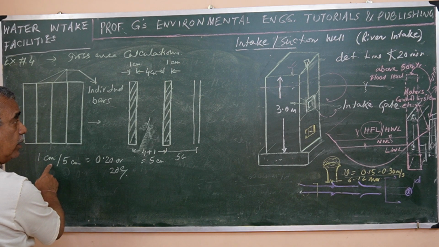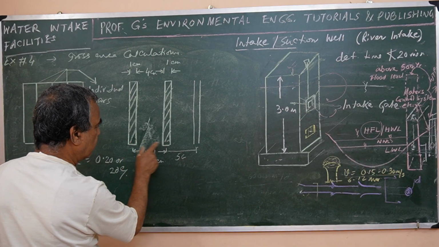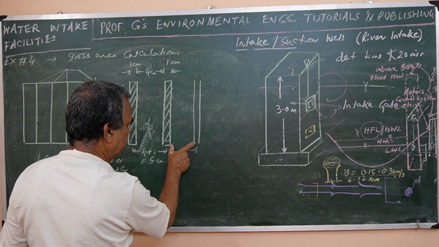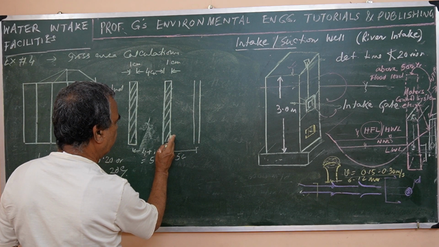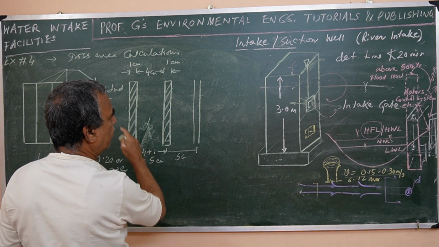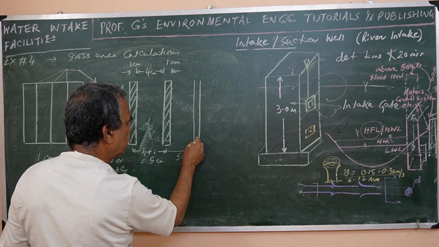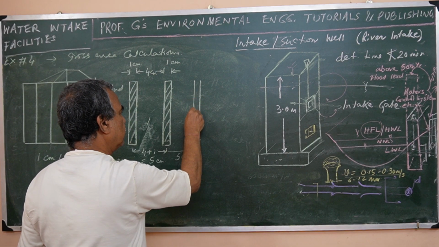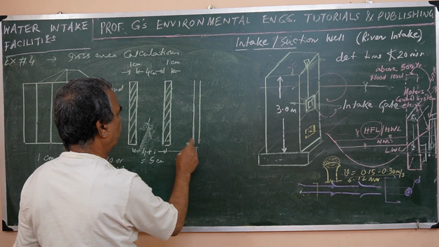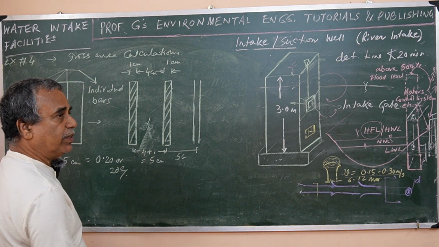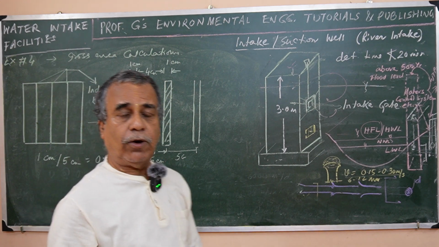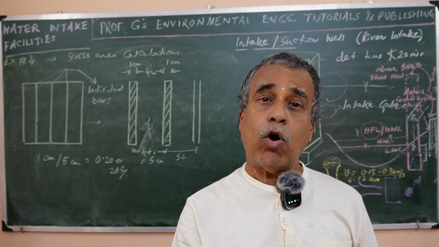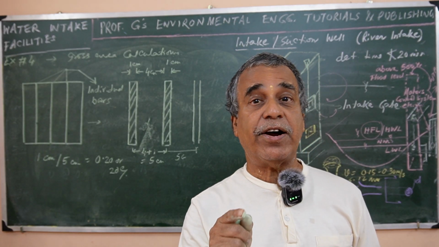Why are we not considering 2 centimeter? Because if we consider 2 centimeter, the next portion will already be included in that, so only this one is counted. That is why, to get the average, we calculate this way. That means 20% of the whole area is occupied by the bars only.